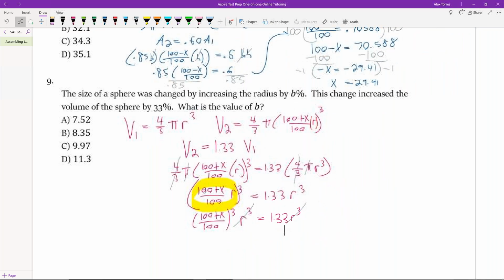So we reduce the complication by totally eliminating one of the variables. Rewriting now, ((100 plus x) over 100) cubed equals 1.33.